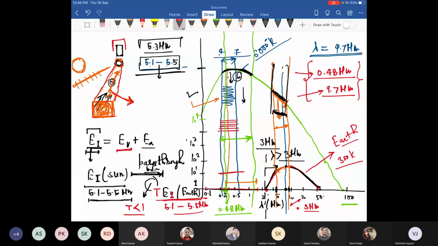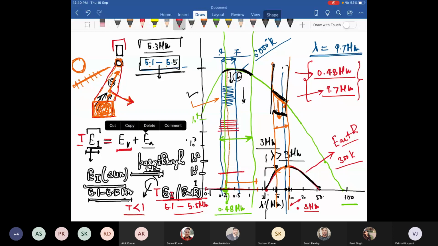Now you should write T EI here, because at the Earth surface point we are applying the law of conservation of energy. So T into EI is equal to ER plus EA.